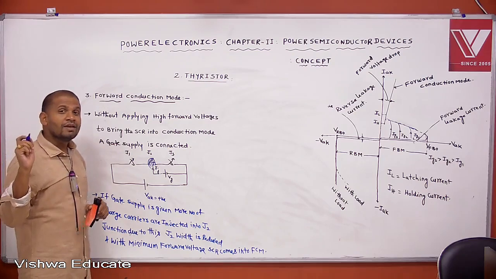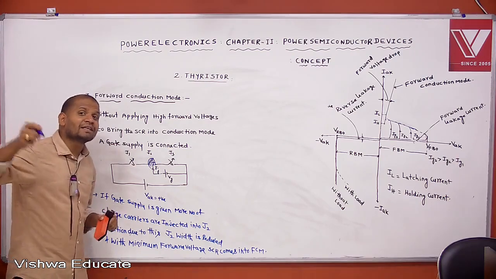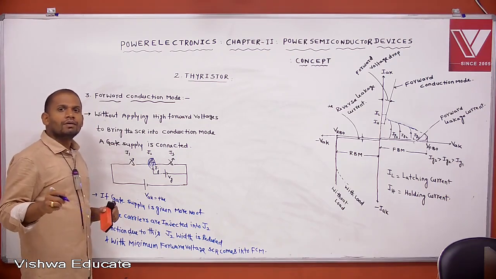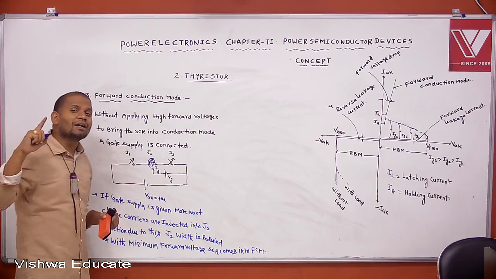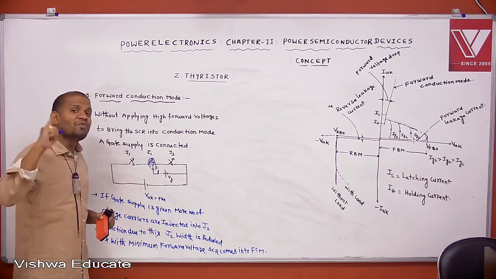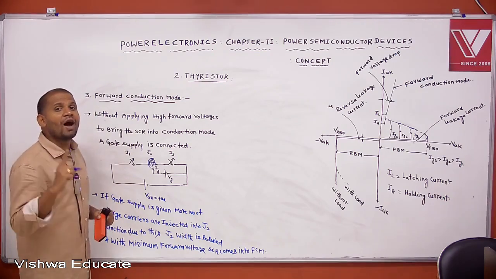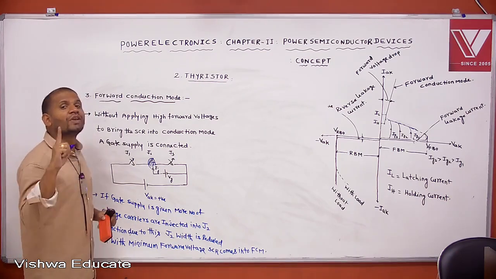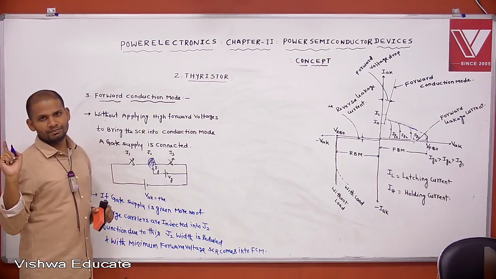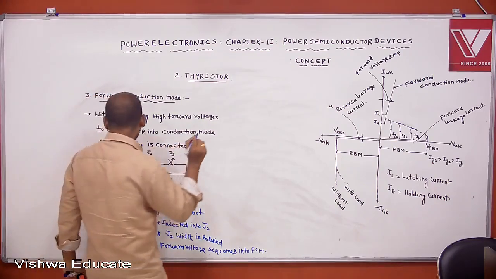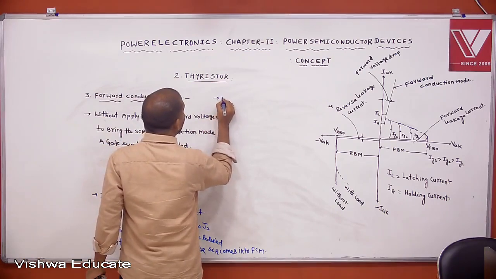Even though gate supply is connected, to bring the SCR into conduction mode, a minimum forward voltage must be required. That minimum forward voltage is called finger voltage. Understood?